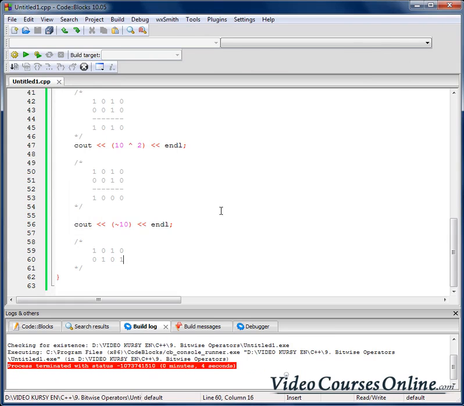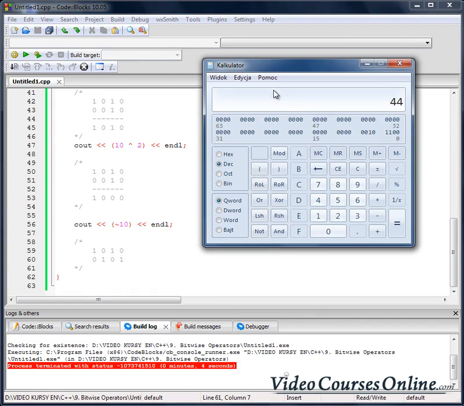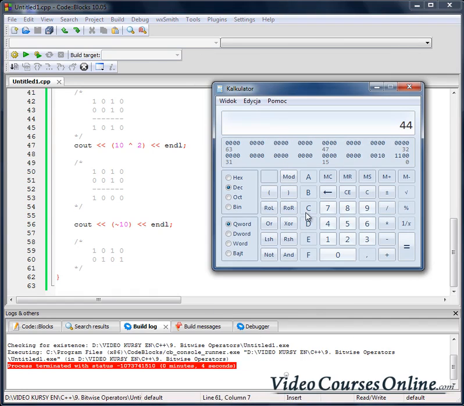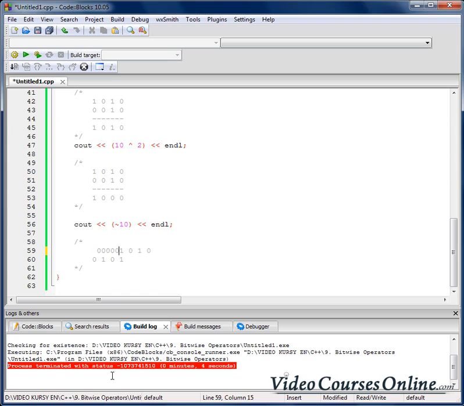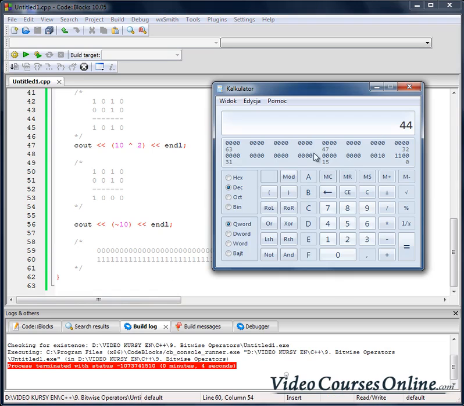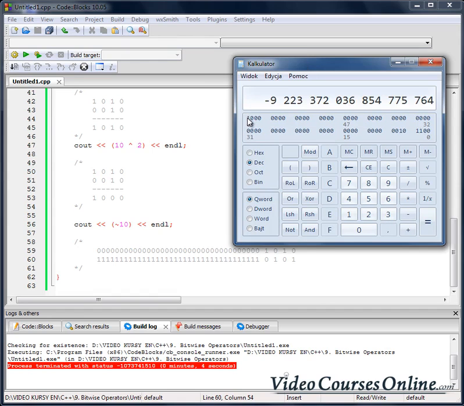minus 11. Why? As you have probably noticed when I was running that calculator here, look how many zeros we have here. So there are so many zeros, and that many zeros are changed to 1, right? And in programming, if you want to achieve a negative number, the first bit must be 1. The first bit here indicates that the number will be negative.